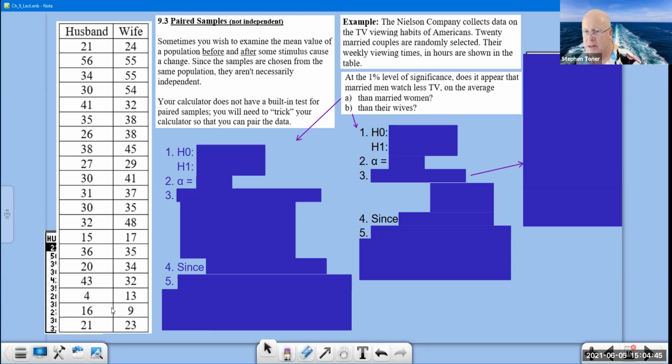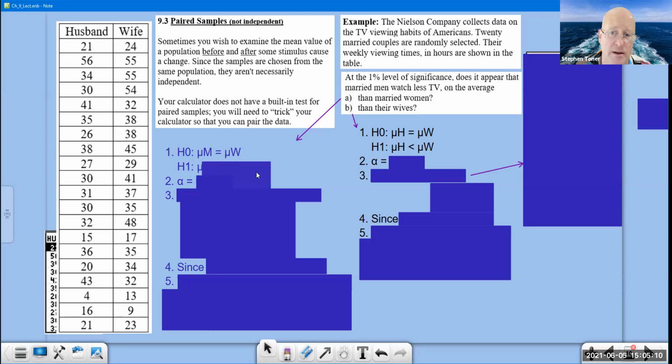My population are husbands and wives, and I'm assuming that you have typed these two lists into your calculator as I have. Let's do the married men and married women first. Actually, I uncovered the wrong one, my bad.